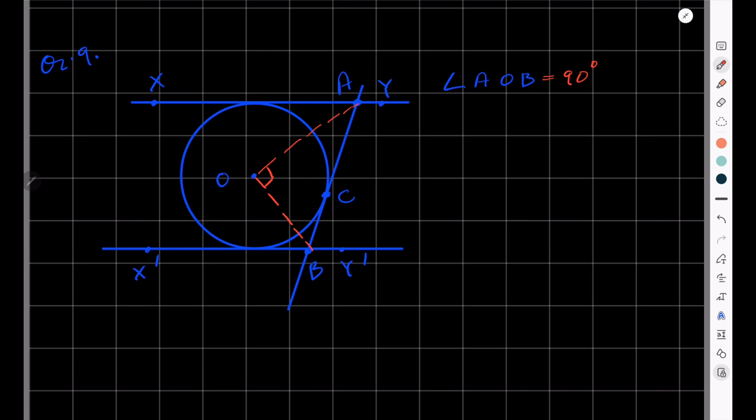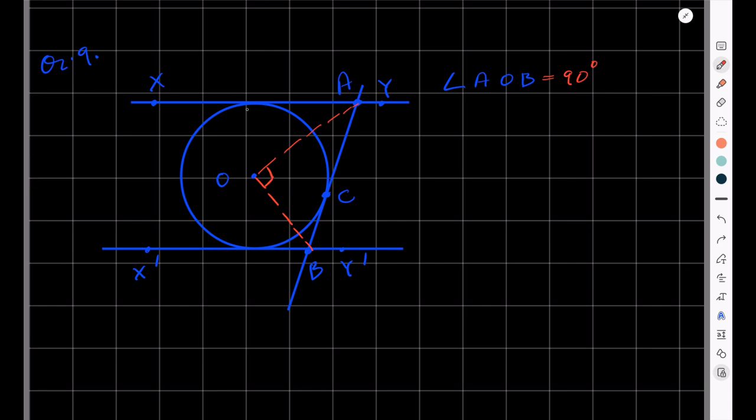We need to think about it. One way of solving it could be utilizing the fact that these two tangents are parallel.